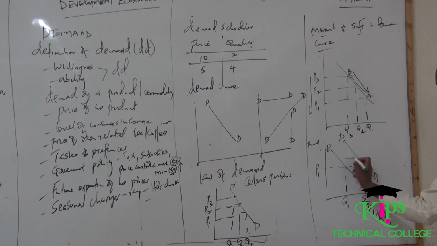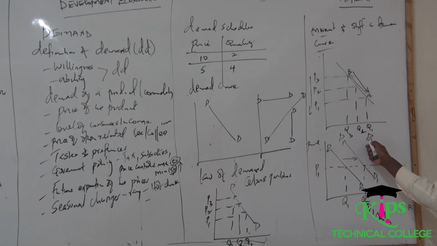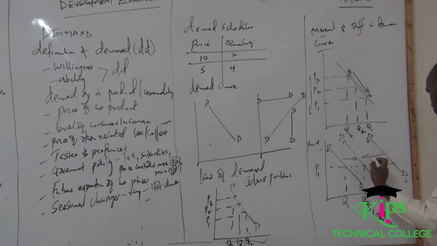A shift will always occur because of other reasons, such as taste, or a change in technology, in economics or in any field of consumption. It can either shift to the right or shift to the left. So we can extend this and have another demand curve here, maybe D2, moving backwards.